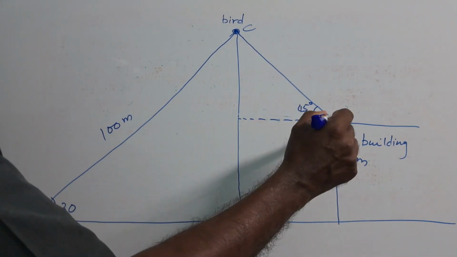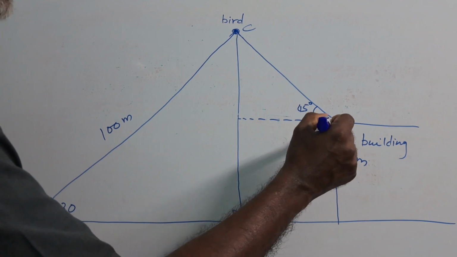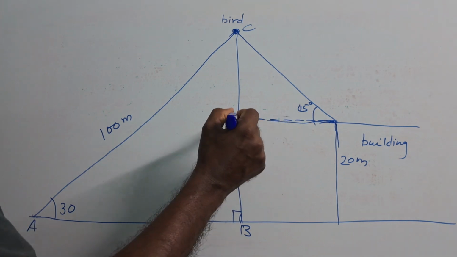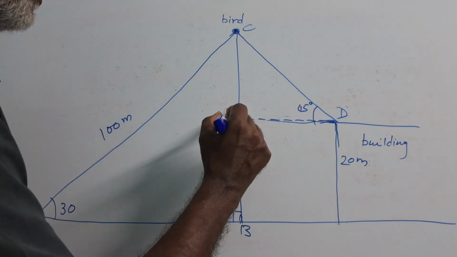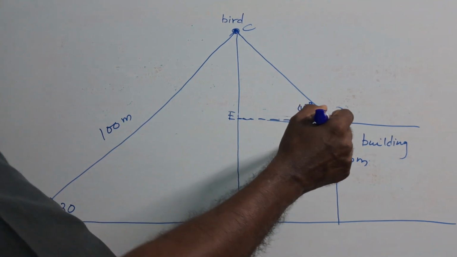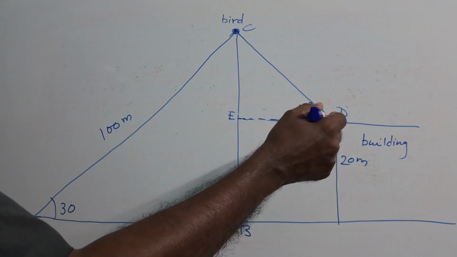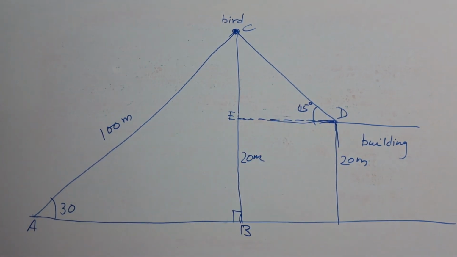When we draw a line extending the height of the building, I call the point D, and this point E. From D, a line parallel to the horizontal plane is drawn, and this height is also 20 meters.